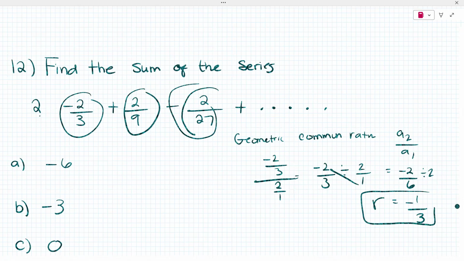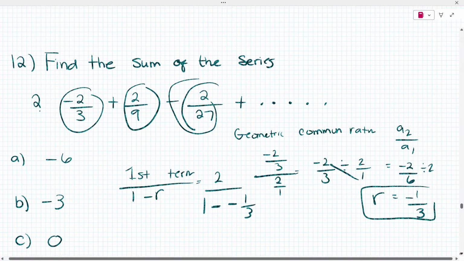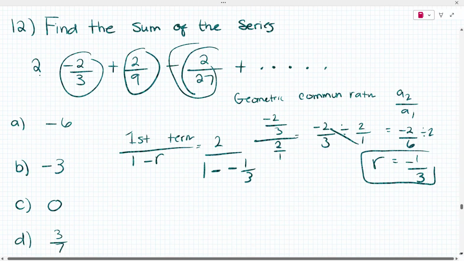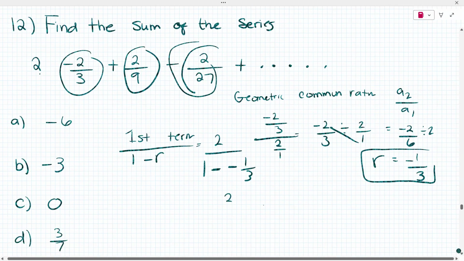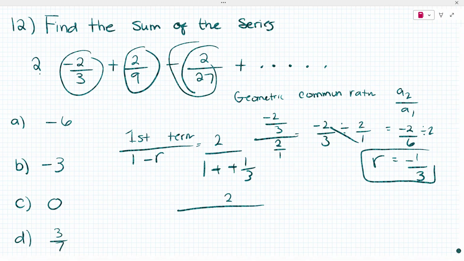So how do you find the sum of a geometric series? It's basically the first term, which is two, over one minus my ratio. My ratio is negative one third. Two negatives become a positive, so plus one third.